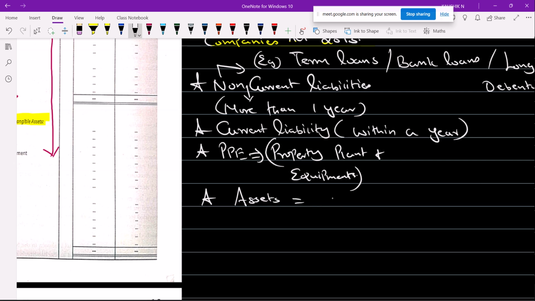Assets is equal to liabilities plus capital. This we denoted as the accounting equation, or we otherwise denoted this as what equation? Accounting equation is also known as what equation?